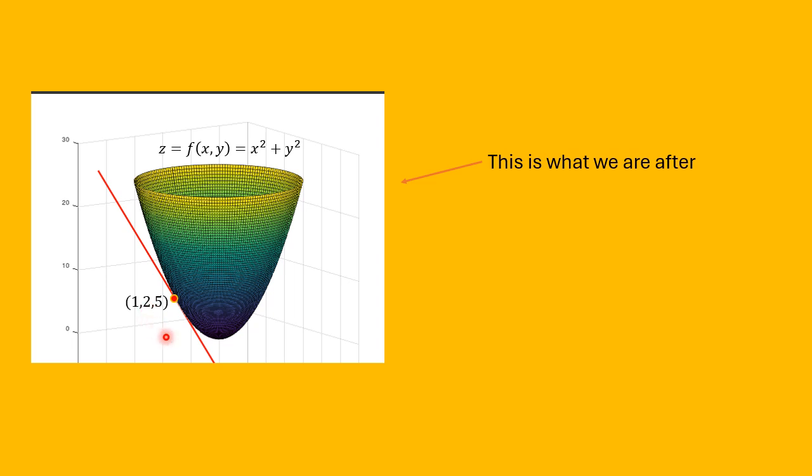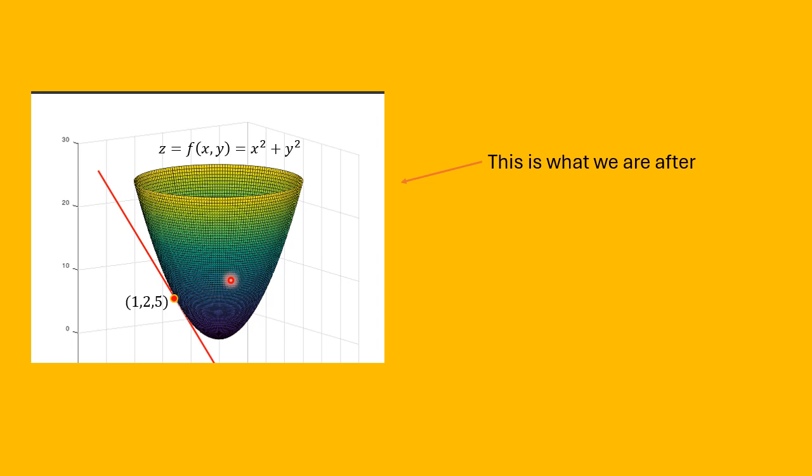We want to find a tangent line to this surface at this point. So here is the illustration of this tangent line. This tangent line only touches this surface at the point 1, 2, 5. It's kind of analogous to the two-dimensional problem of finding a tangent line to a parabola, but here we're finding a tangent line to this paraboloid, this surface.